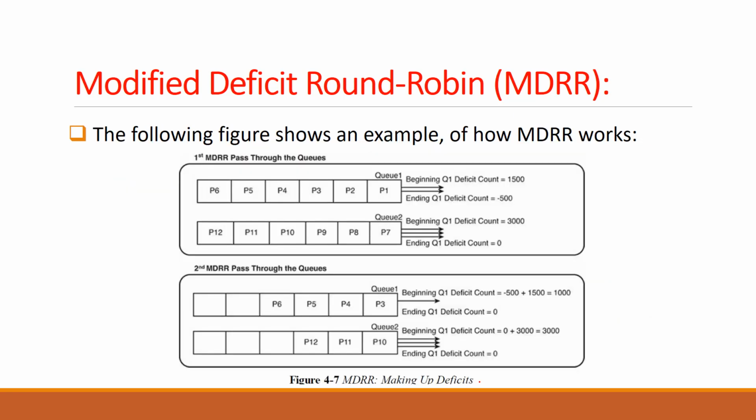Let's show a figure here that gives an example of how MDRR works. Let's assume that we have two queues, Q1 and Q2, and each queue has 6 packets: Q1 has B1 to B6, and Q2 has from B7 to B12.